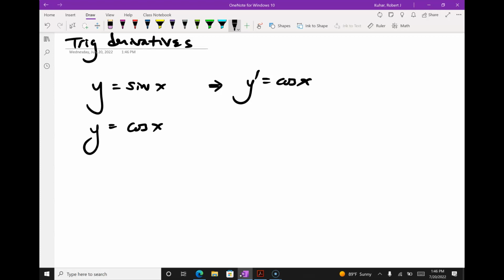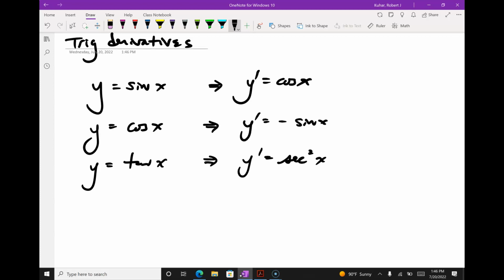Y equals cos of x gives me y prime is negative sine of x. Y equals tangent of x, now I have memorized as y prime is secant squared of x. Using the quotient rule again, I can get the derivative of cotangent, and I get y prime is negative cosecant squared of x.